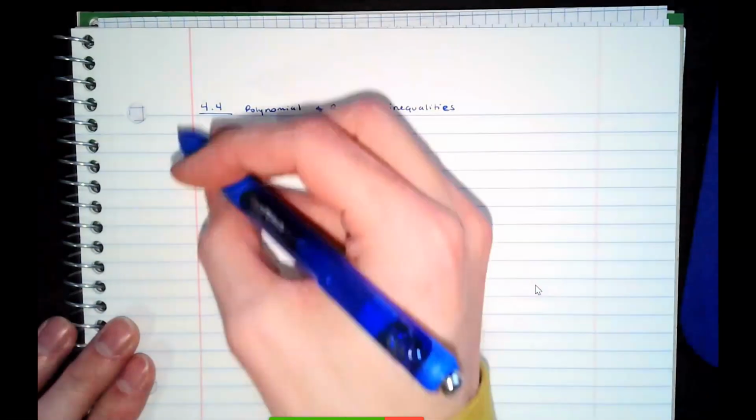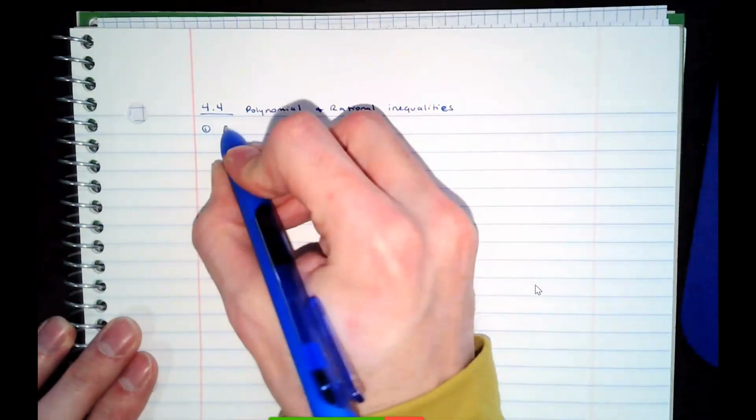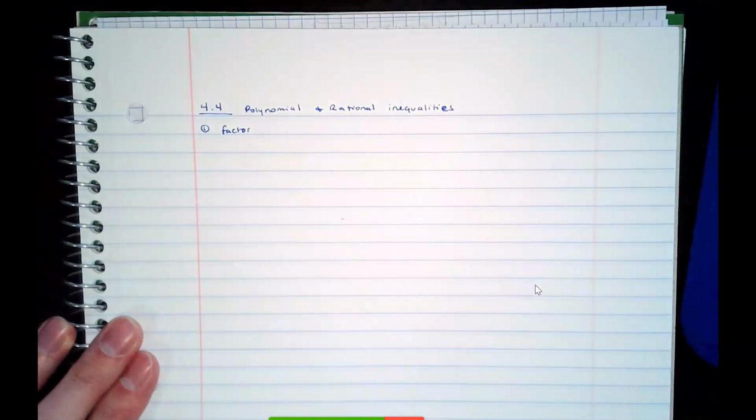All right, a quick rundown of section 4.4, polynomial and rational inequalities. So you're going to take what we were doing with polynomials and rational functions, and we're going to use that. The idea here is that if necessary, we factor, because we know that factored form lets us find things easy.